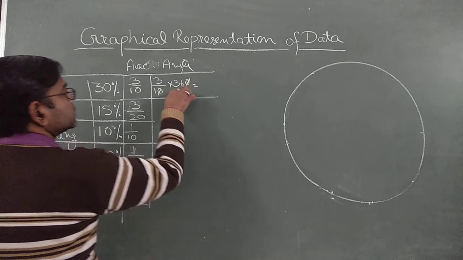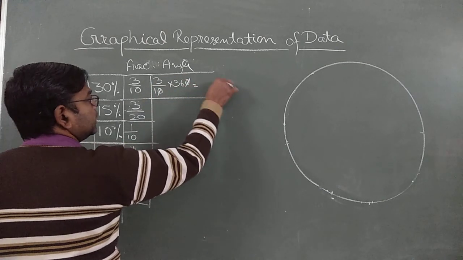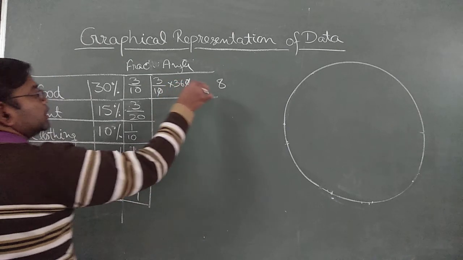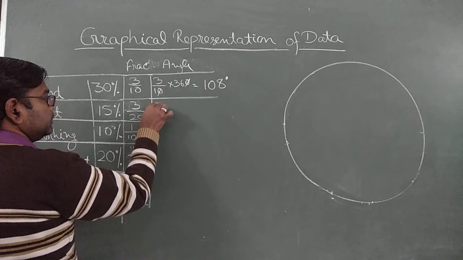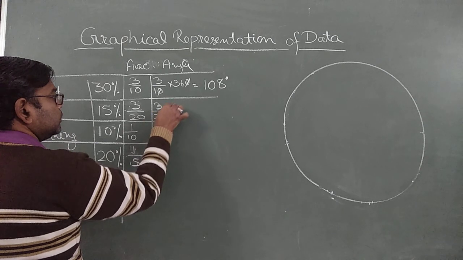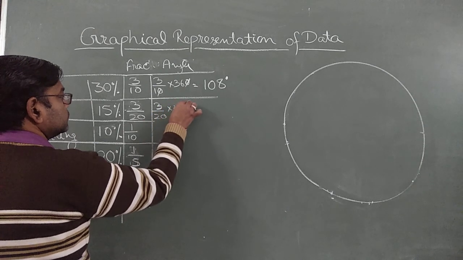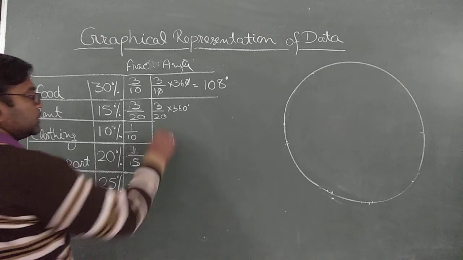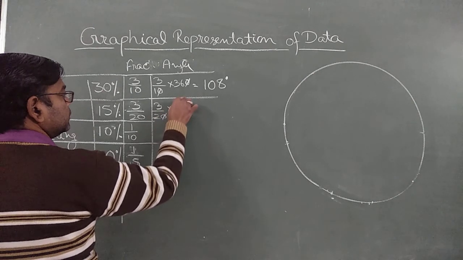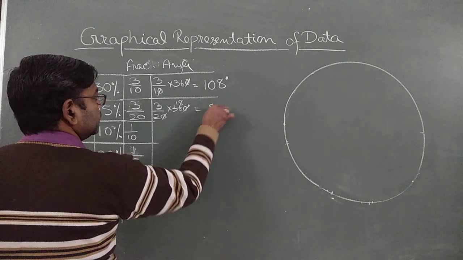It is 36 into 3: 3 6s are 18, 3 3s are 9, so 108 degree. Then 3 upon 20 into 360. 5 3s are 15, 5 2s are 10, it is 18, so it is 54 degree.